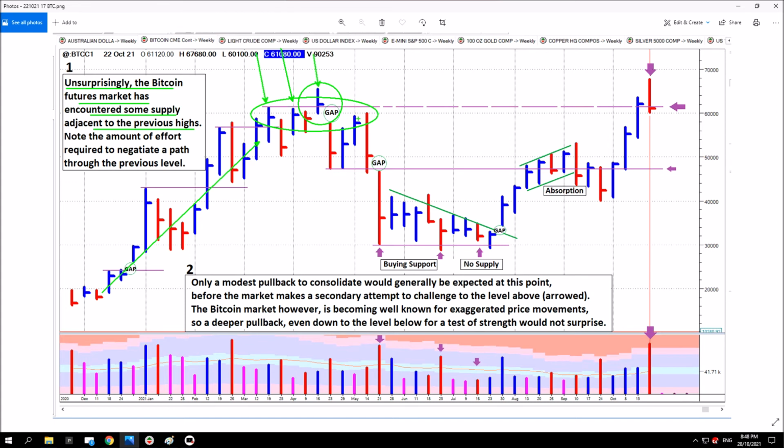And human nature is not to take a loss. So a lot of people would have been holding, saying to themselves, if and when price comes back to this level, I'm going to get out for break even. So price has finally come back to this level.